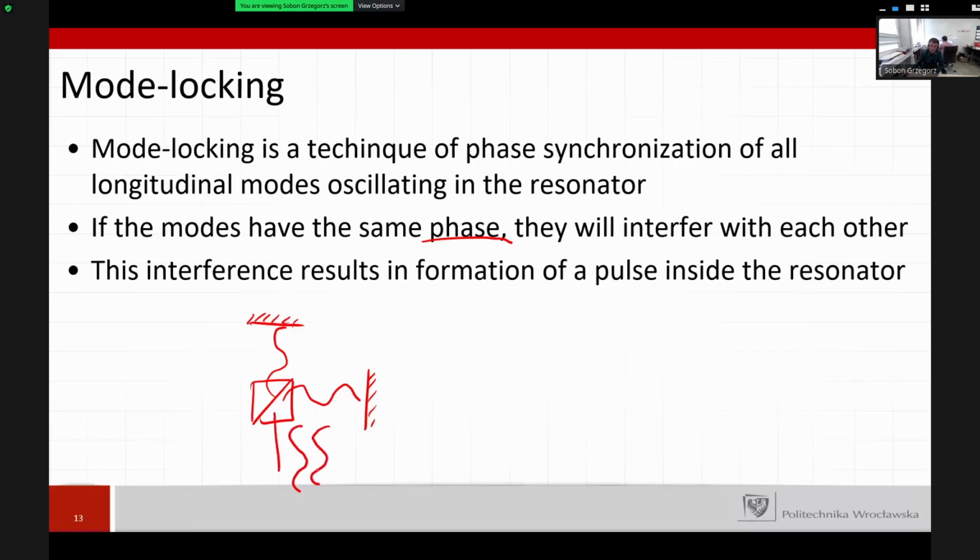We will have constructive interference, right?